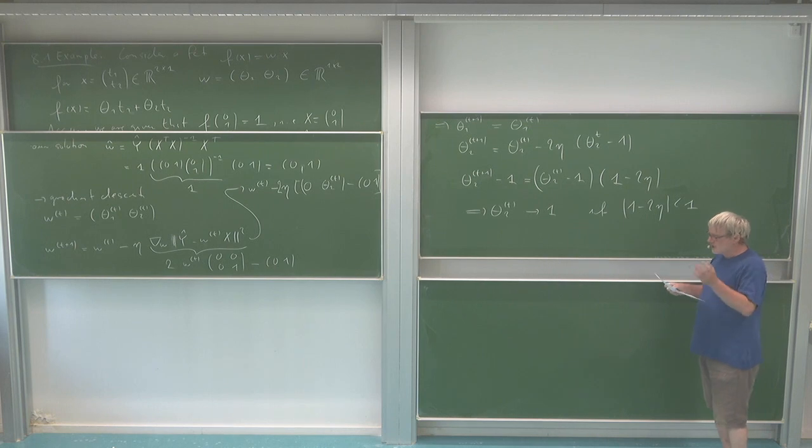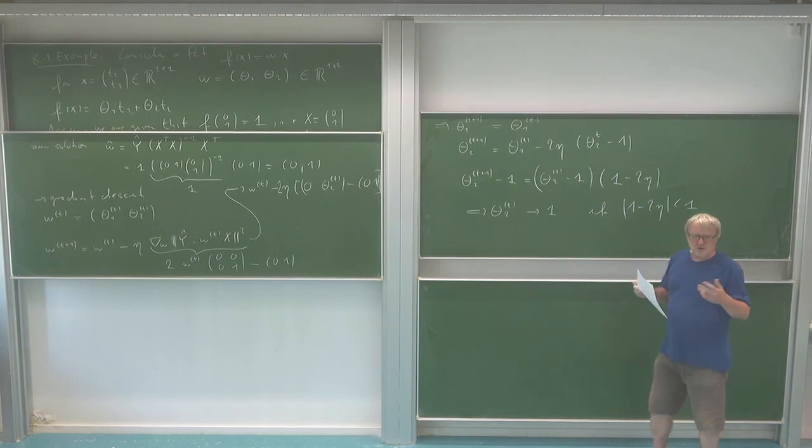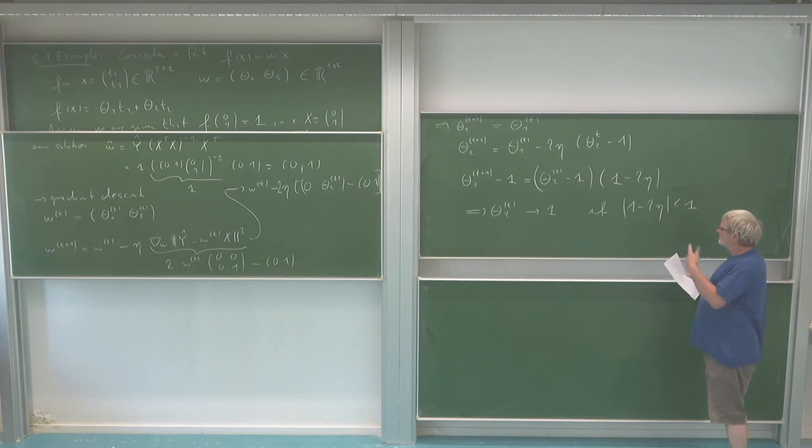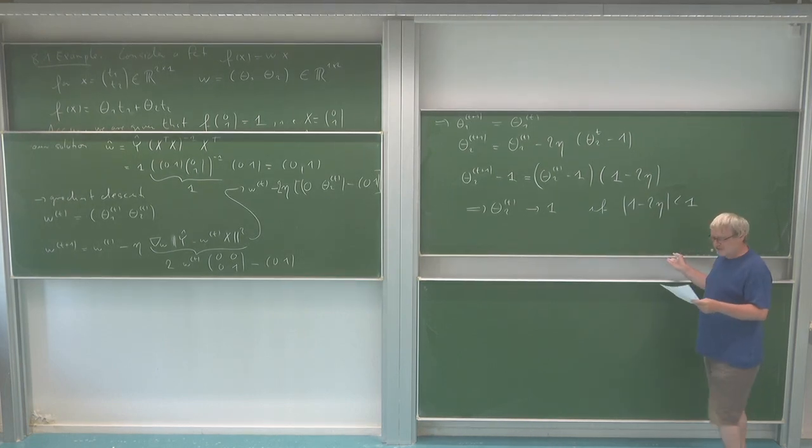Okay, so I should choose the eta in the right way. I mean, not too small. Okay, small is okay. Then it converges, but maybe quite slowly. But so I should make it a bit bigger. Then it converges faster. But if I make it too big, then it doesn't converge anymore.